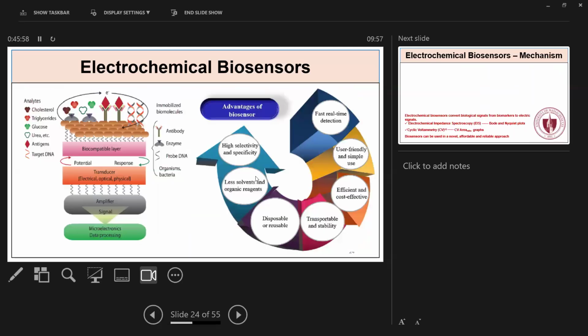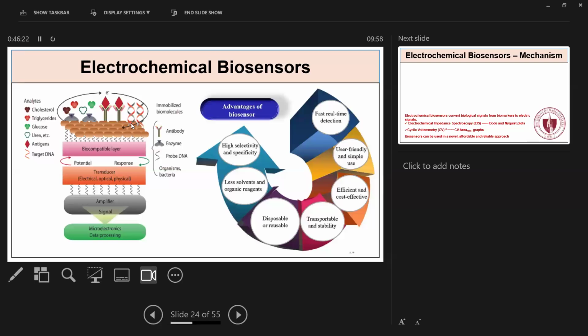Yeah. So as I mentioned before, this is the working principle. First, the biocompatible layer. This is the layer where all the biological events occur. So what do you do? On top of the electrode, you functionalize the electrode with a particular antibody, and then the protein, we coat that particular protein in different concentrations, right?